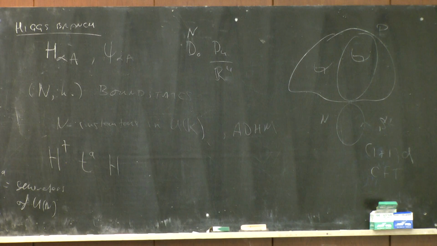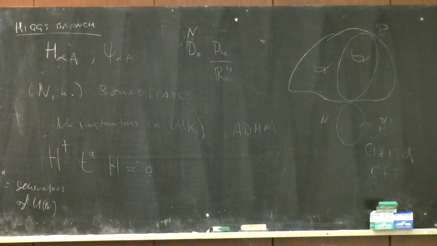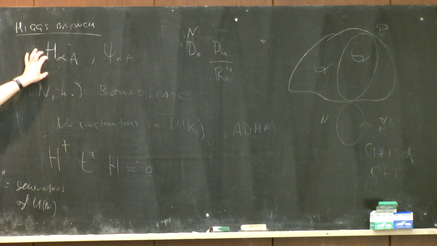And then you impose conditions that these generators vanish, and you also mod out the U(n) symmetry that acts on them. That gives you a space which is basically going to be the moduli space on which this conformal field theory is living.